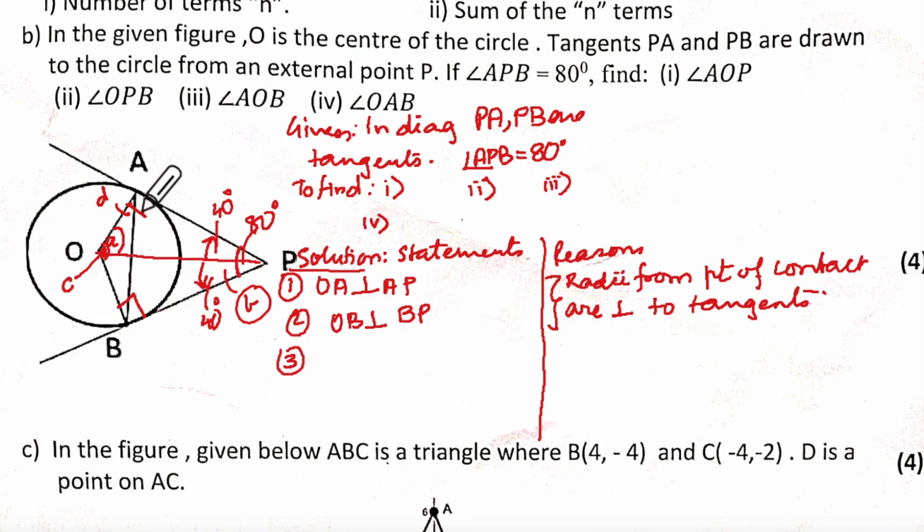Now I'm not writing this angle is 90. I'll write that later on when I take the triangle. Now after that I'm going to look at this full thing and I'll say this is 120.